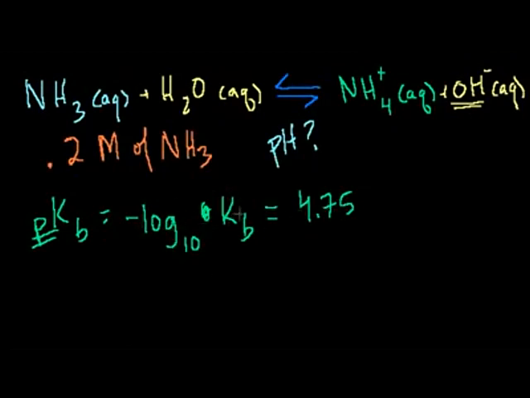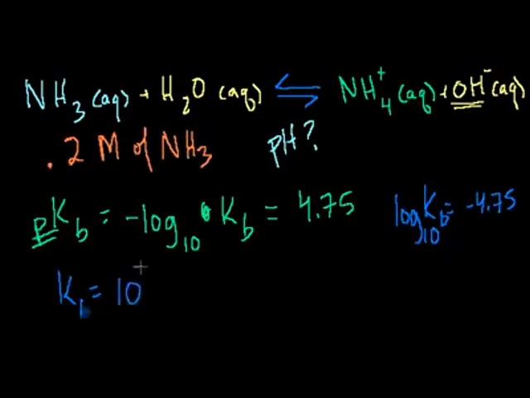If we multiply both sides by negative, you get log base 10 of our equilibrium constant for this base reaction, that's why the B is there, is equal to minus 4.75, so KB is equal to 10 to the minus 4.75.